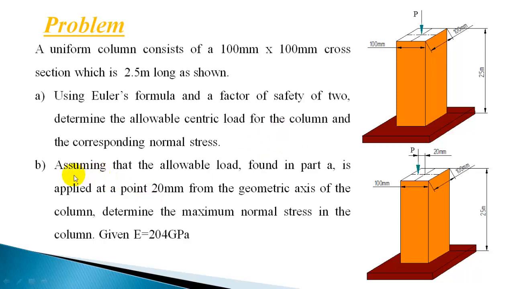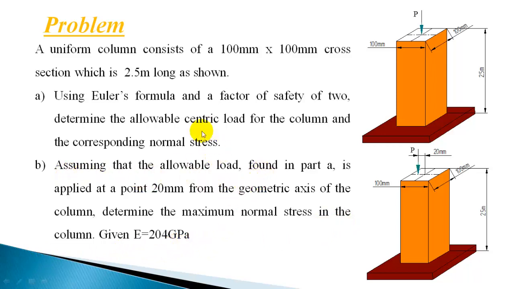Now the second part of the question is, assuming that the allowable load found in part A is applied at a point 20 mm from the geometrical axis of the column, determine the maximum normal stress in the column, given E is equal to 204 gigapascal.